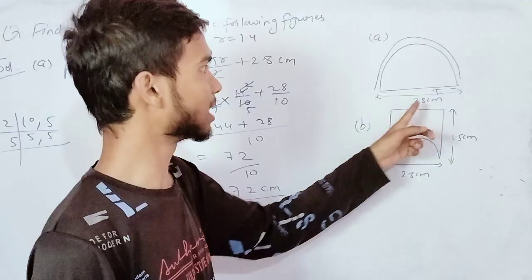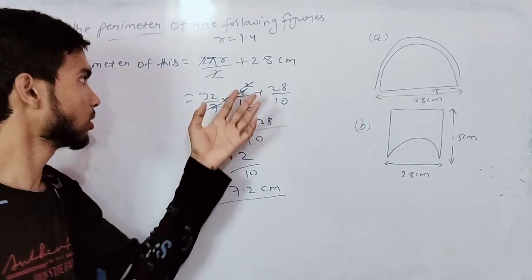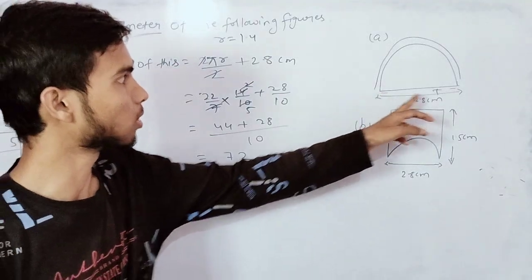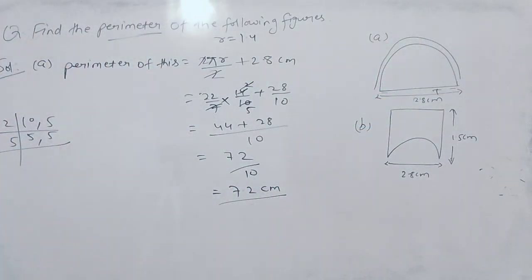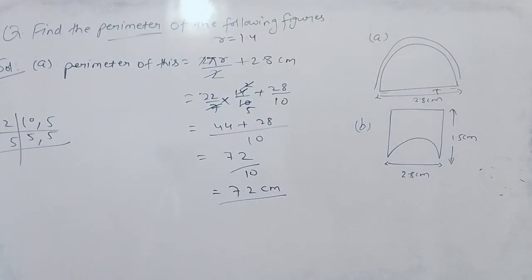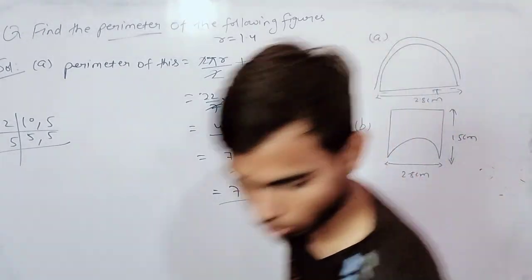So we added this with this, and after simplifying, we got the perimeter from here till here as 7.2 centimeter.